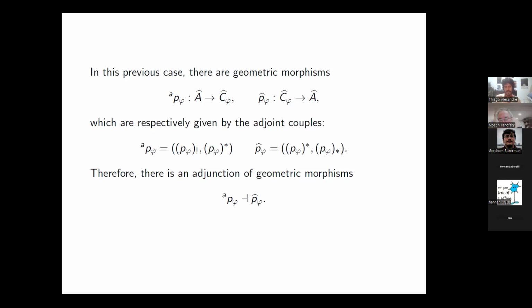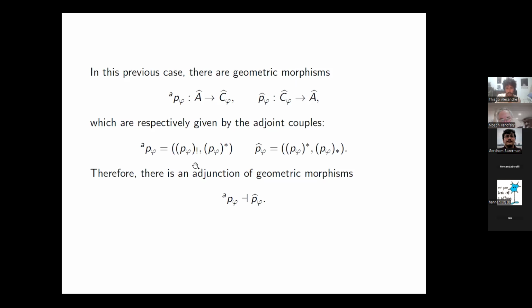But in the case of geometric morphisms, this means just that we need to verify that the inverse image component of one is left adjoint to the inverse image component of the other, which is precisely what is happening here, because this functor, the first coordinate here, is the left adjoint of this functor.